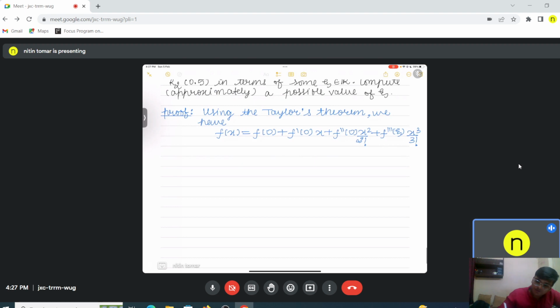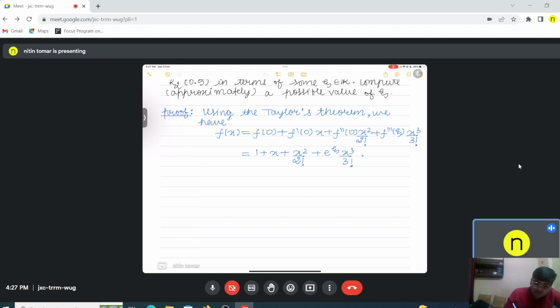And if you compute this, because the function is nice enough, it will be 1 plus x square by 2 factorial, then plus e to the xi x cubed by 3 factorial. Why?